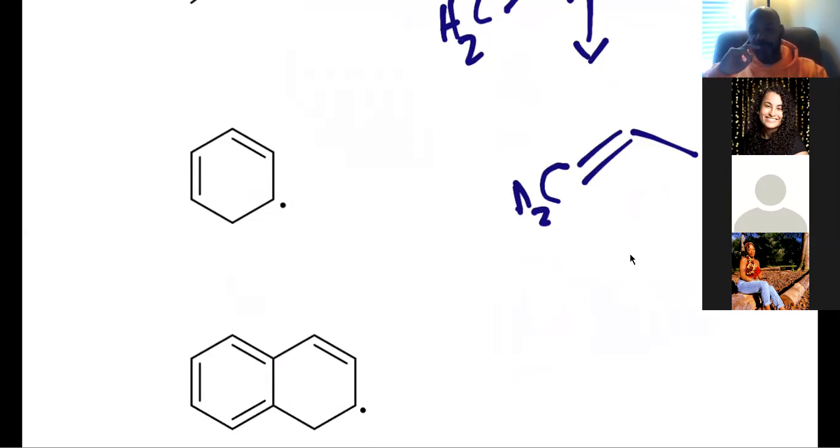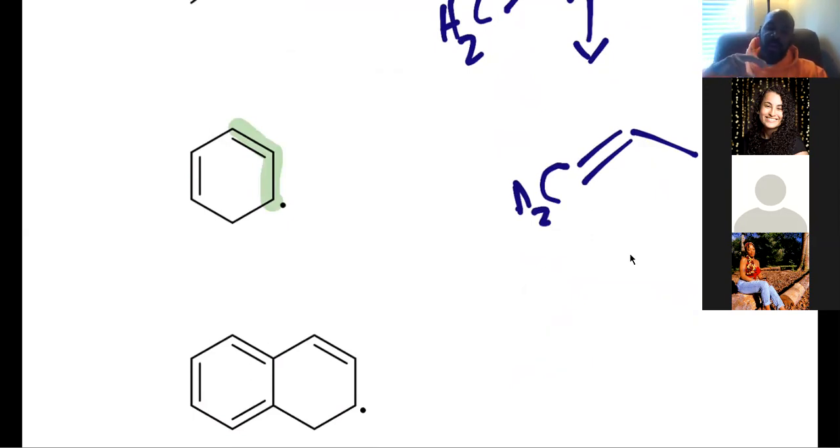Does all the arrows move to the right? Well, the double bond will go to the sigma bond right there, and then the next pi bond will go to that sigma. I think you're on the right track. Is this the pattern that you're looking at? Yes, I was looking at all three.